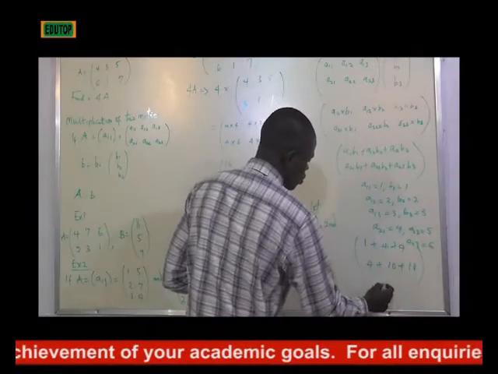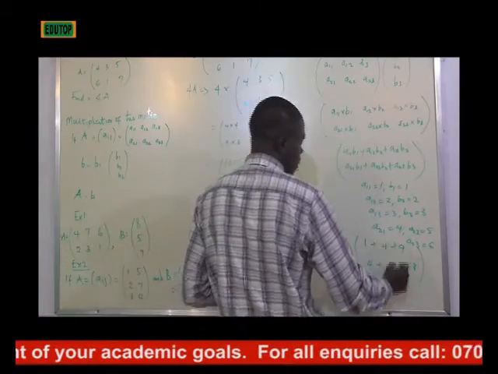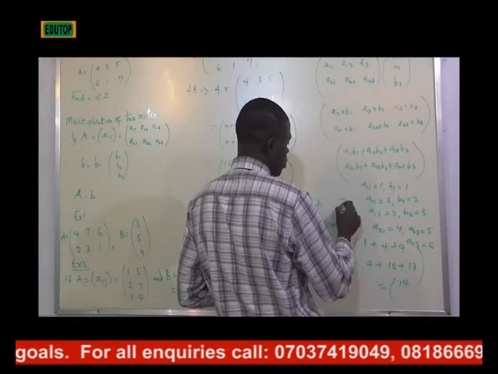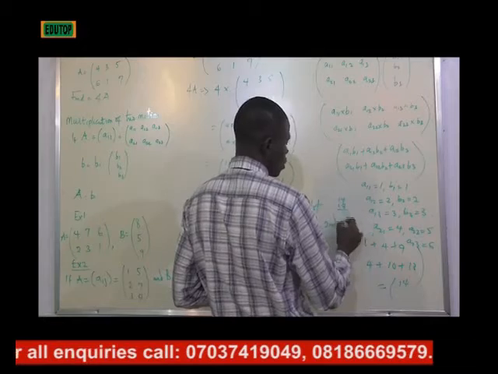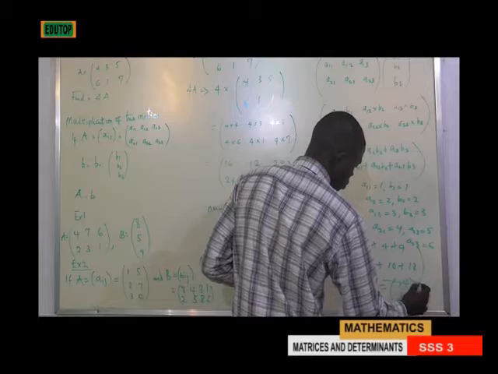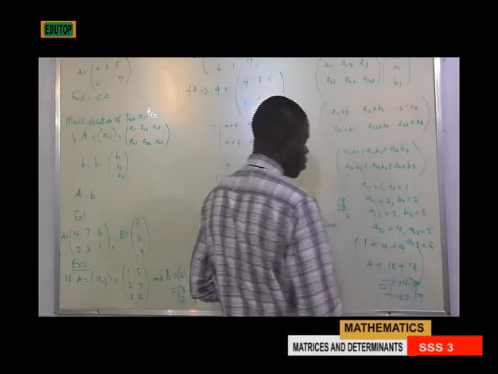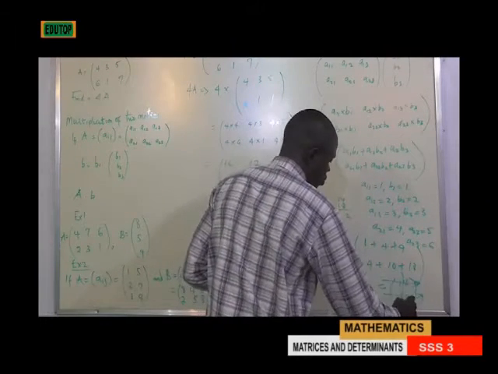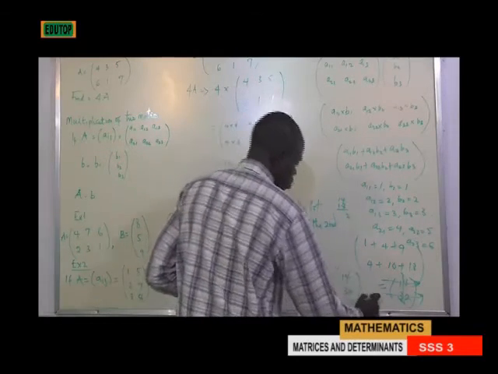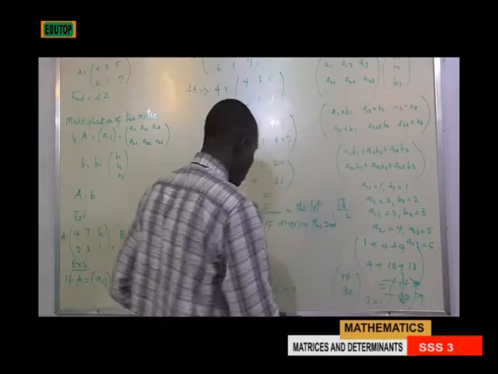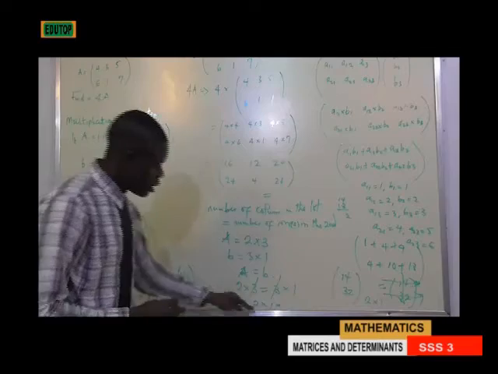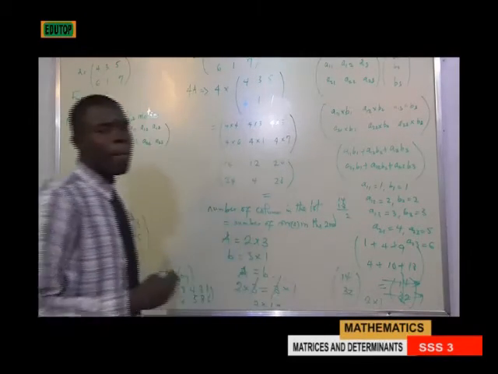So at the end we're going to have 14, then 14 plus 18 will give us 32. So here we have first row, second row, then 1 column. So this will be 14, 32, a 2 by 1 matrix, and that has justified what we are to obtain here, which is a 2 by 1 matrix.